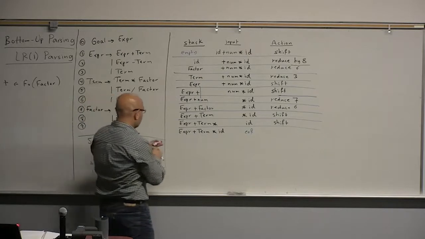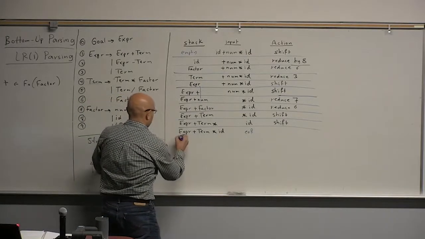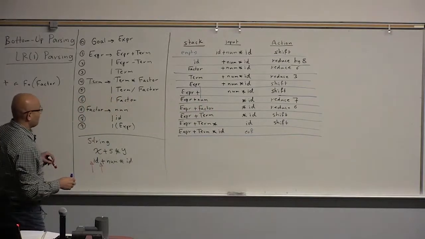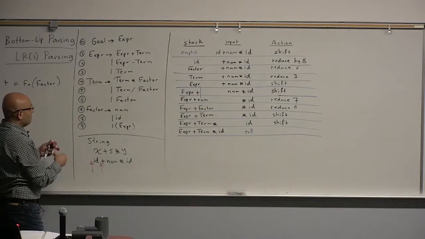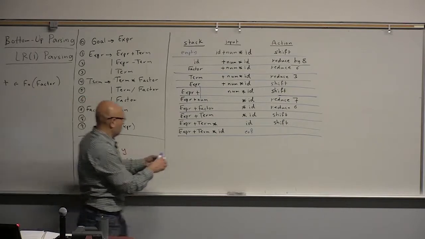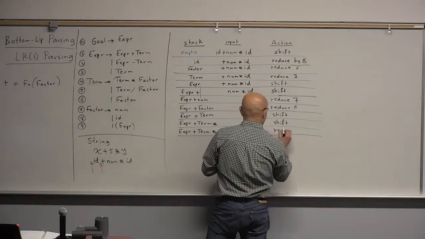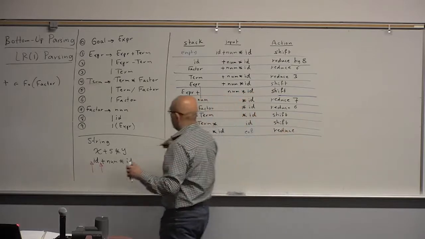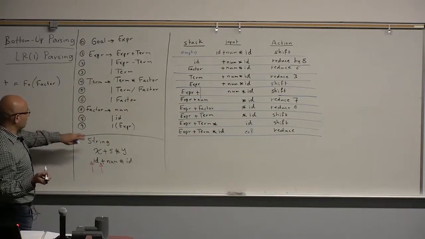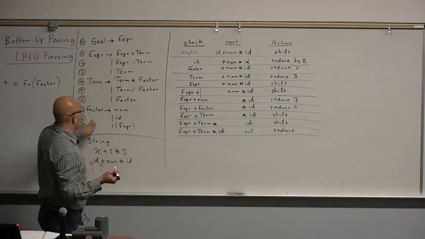Now, the ID can be replaced with a factor. I can reduce ID to a factor. No more shifting is possible now. Now I reduce ID to a factor by rule 8.